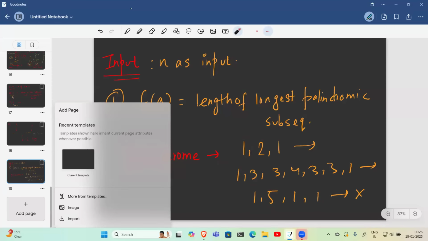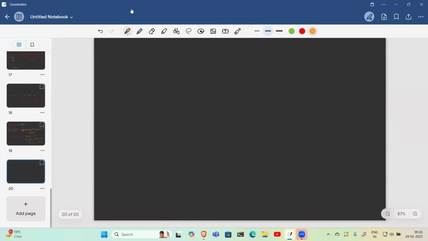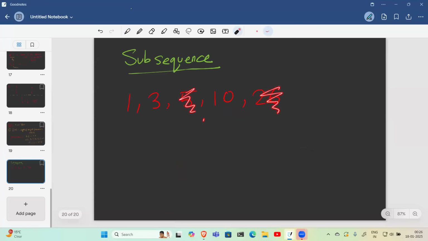Apart from that, one more term which was used in the problem statement is subsequence. What do you mean by subsequence of an array? Suppose you have an array 1, 3, 5, 10, 26. You can remove any elements in the array you want, and the remaining array you get is a subsequence.